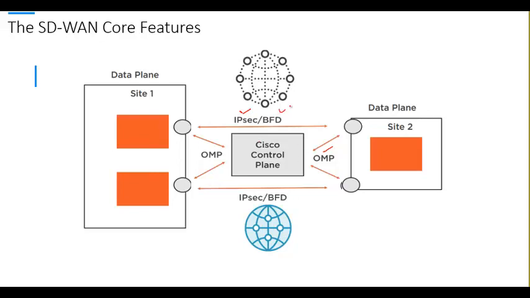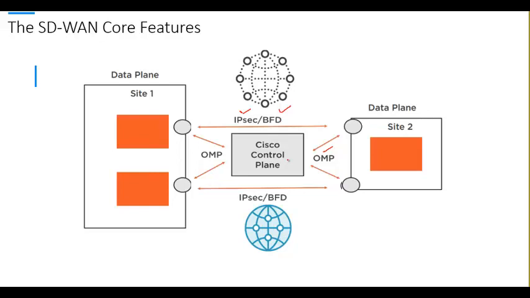We got BFD to measure the status of the link, to measure the jitter, the loss, the bandwidth over the link. And we have much more, we'll be seeing like T-log and so on.